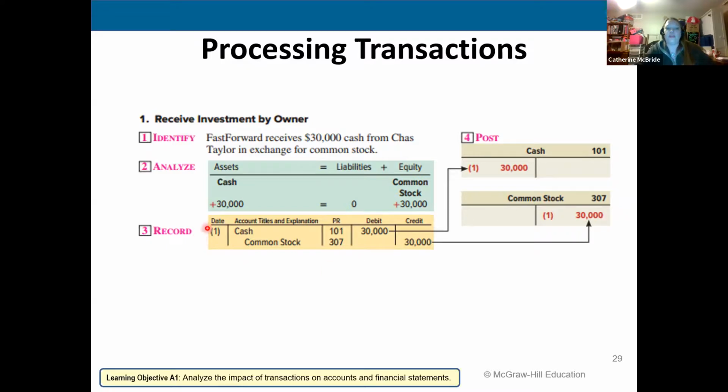And this is what the journal entry looks like. So the debit is to the left on both. The credit is to the right, right? And this tells me that I increase cash by selling common stock. But if you take those 5 questions and go through that thought process, you will be more successful.